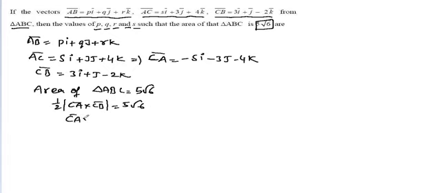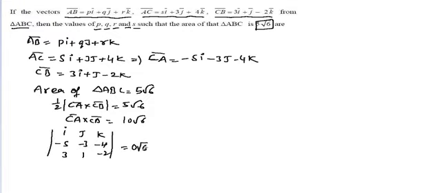So modulus of CA bar cross CB bar is equal to 10 root 6. So now the cross product with i, j, k: CA bar is minus S, minus 3, minus 4, and 3, 1, minus 2, is equal to 10 root 6.